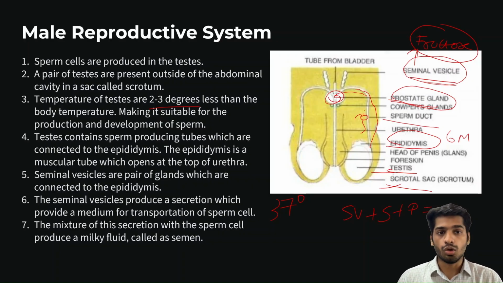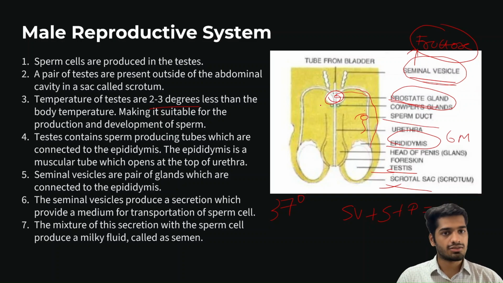Now, why do you need lubrication? During sexual intercourse, when the penis is penetrating the vagina, it should not be painful. To reduce the pain from friction, both the male and female secrete lubrication so that we can have sex easily.